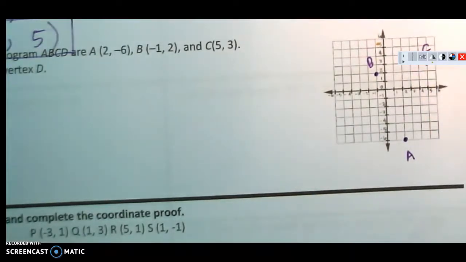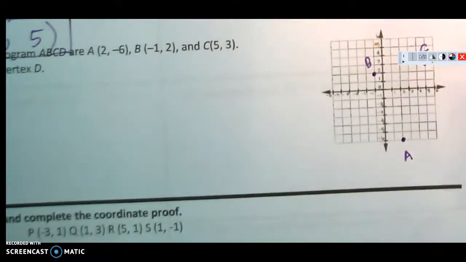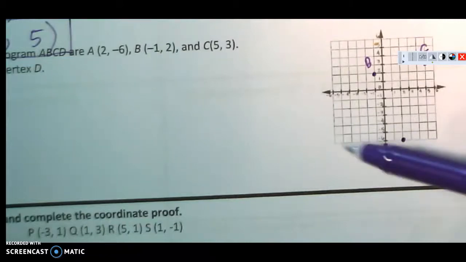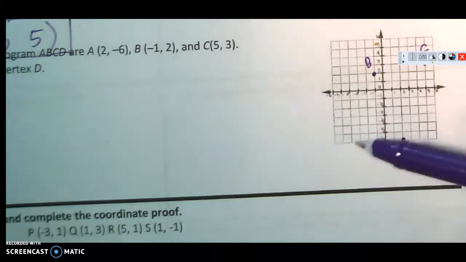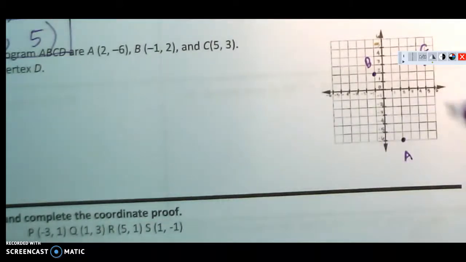Okay, we're going to find the coordinates of D. So it looks like we actually have 2 possible answers for finding the coordinates of D. The D value could probably be somewhere over here in this quadrant, or somewhere over here in this quadrant. If we're maintaining the order, A, B, C, D, then I'm thinking that this area is probably going to be the better place for us to look for that D value.